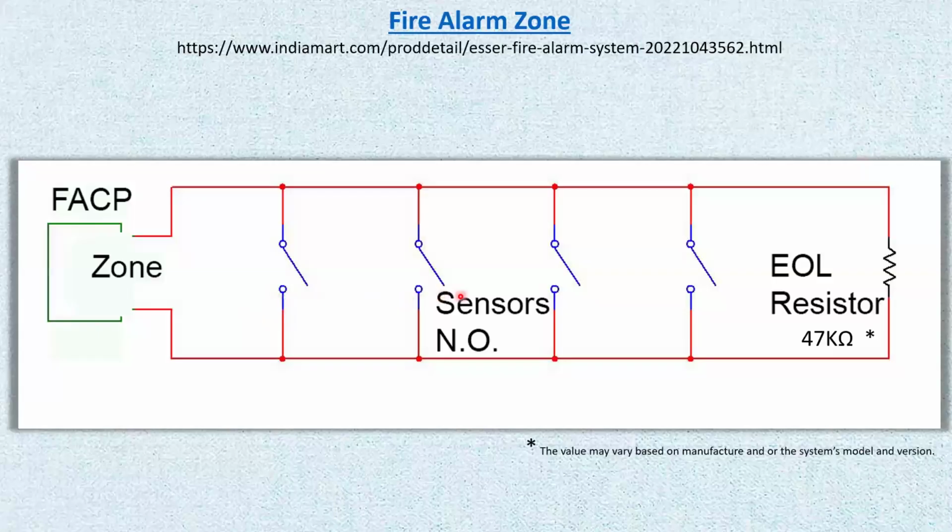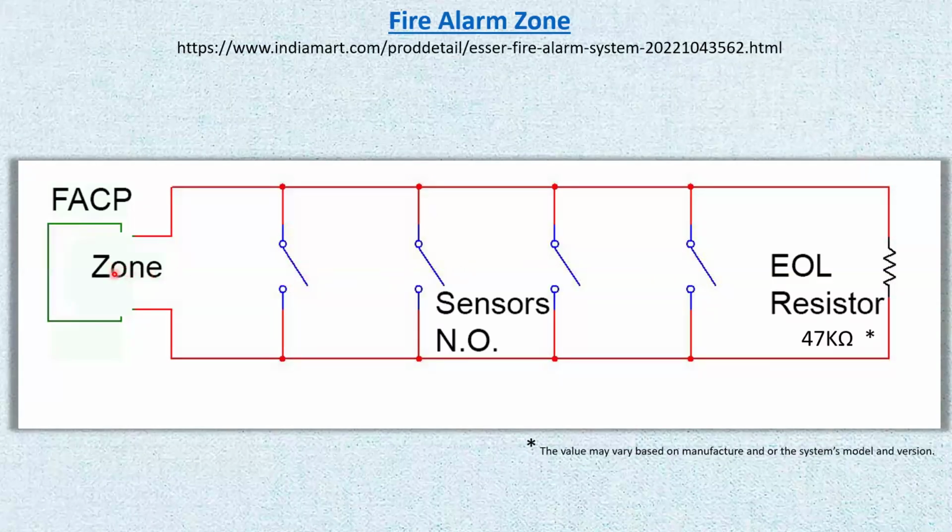So when that thing is installed, the system doesn't see it, whether it's there or not. Only the system is going to see when something triggers, creating a dead short, which is going to close the loop. Otherwise, the system doesn't see it.